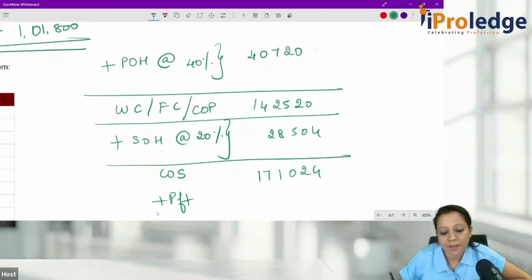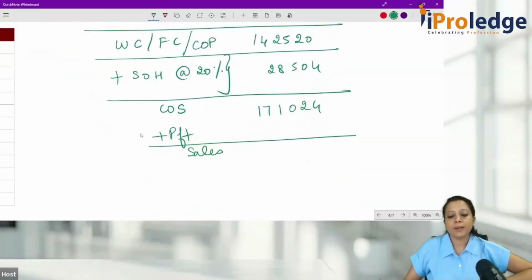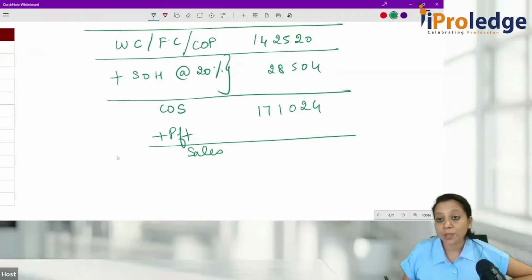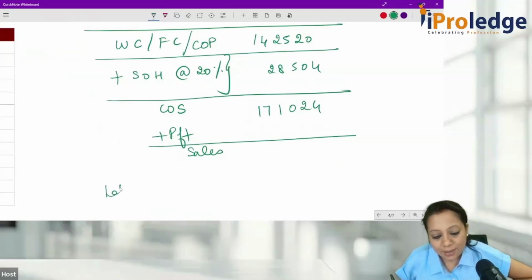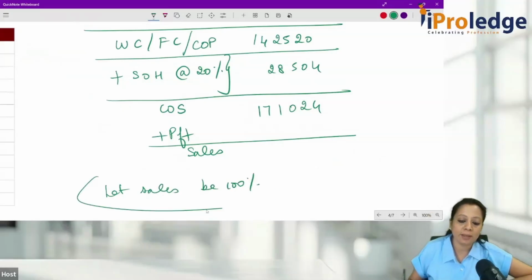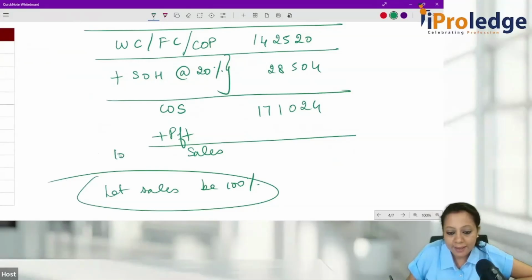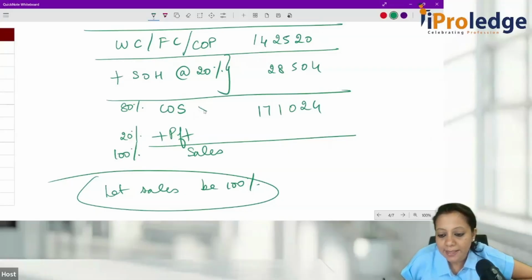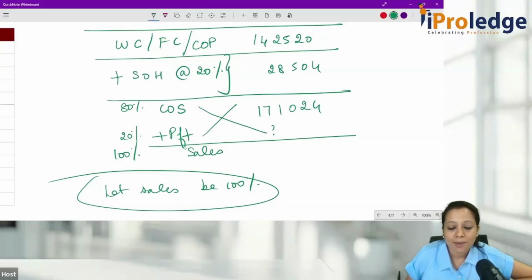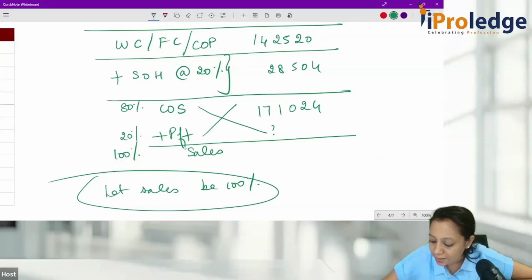So we will add a profit and get sales. They have given profit as 20% on sales. So let sales be 100%. Whichever they have given the percentage on, we take as 100. If this is 100 and profit is 20, this has to be 80. So 1,71,024 is 80%.